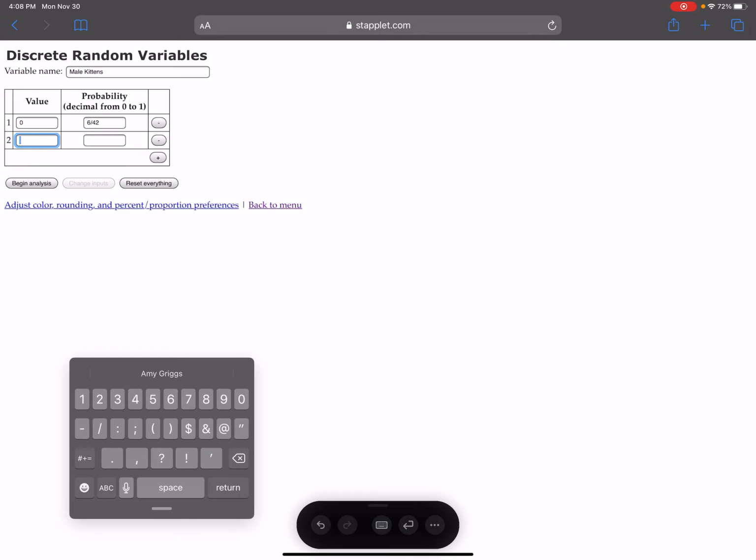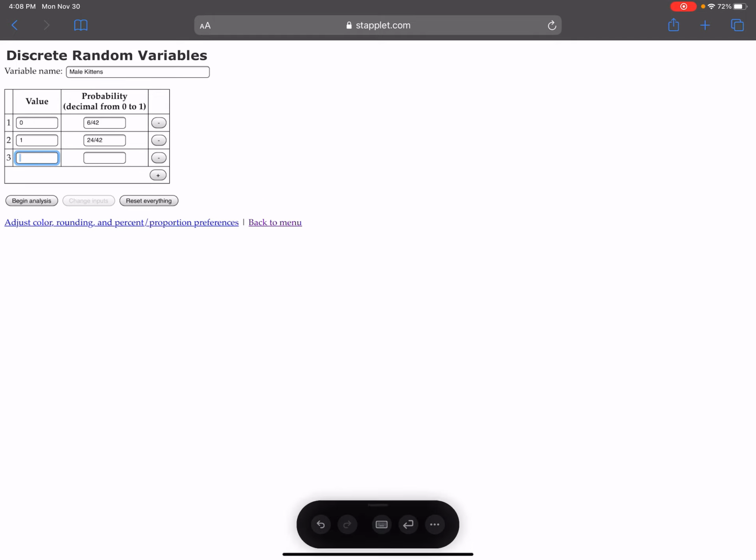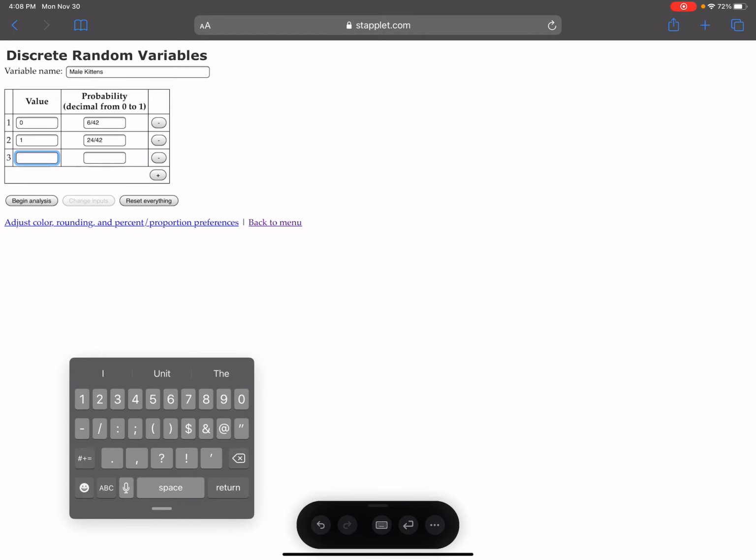Or there can be 1 male kitten, and that probability is 24 out of 42. Or I can have 2 male kittens, and that probability is 12 out of 42.